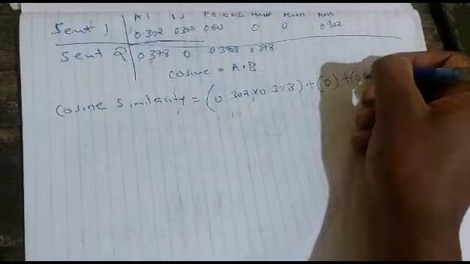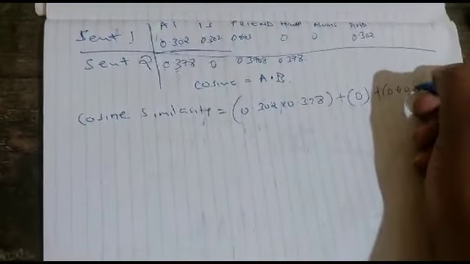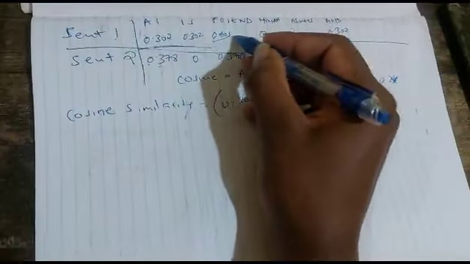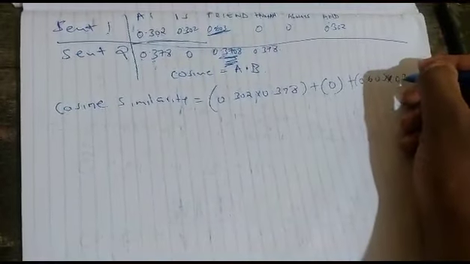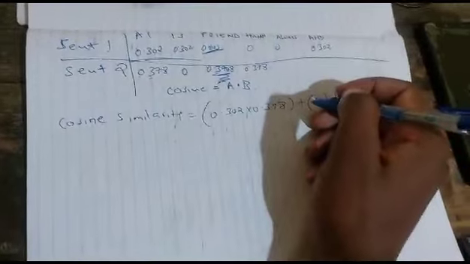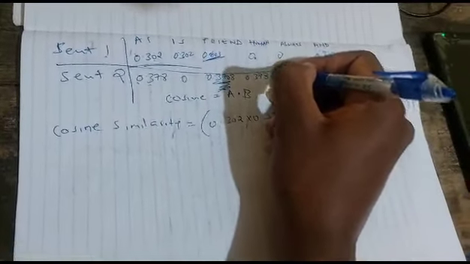0.603 times 0.378. This one times this one, 0.3708 plus 0 times 0.378.